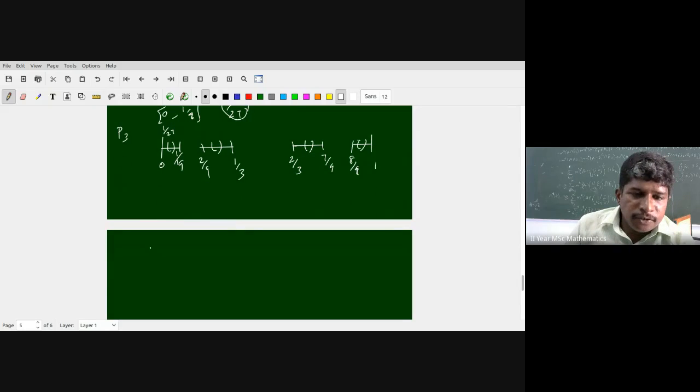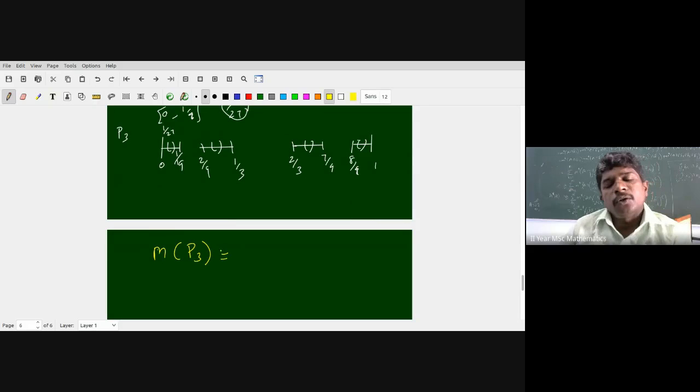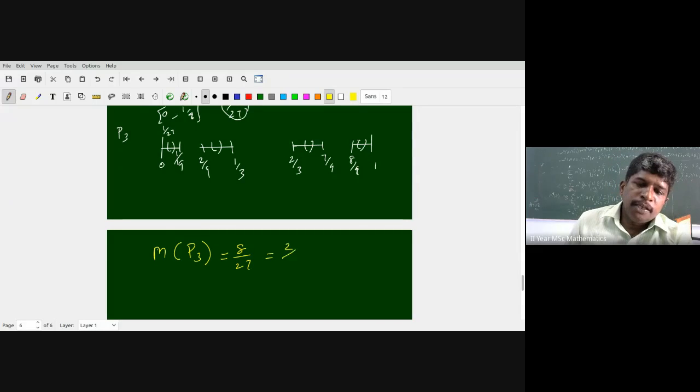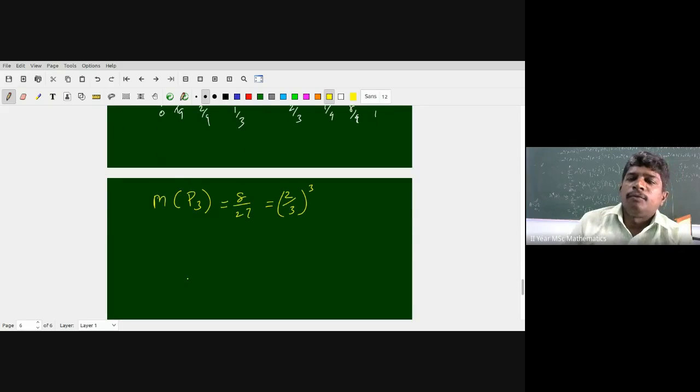So P3 is a union of 8 disjoint closed intervals, each of length 1/27. So the measure is 8/27. This is (2/3) cubed.